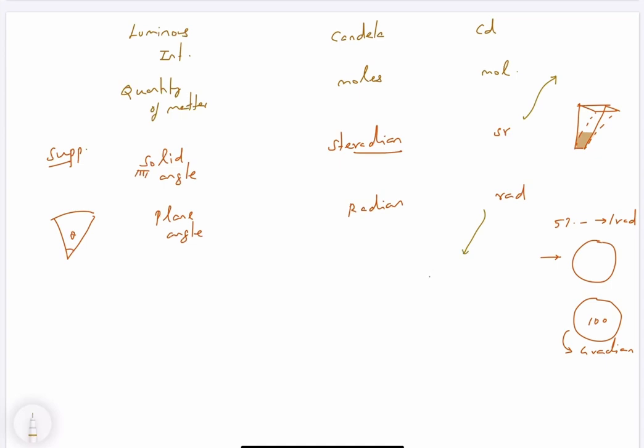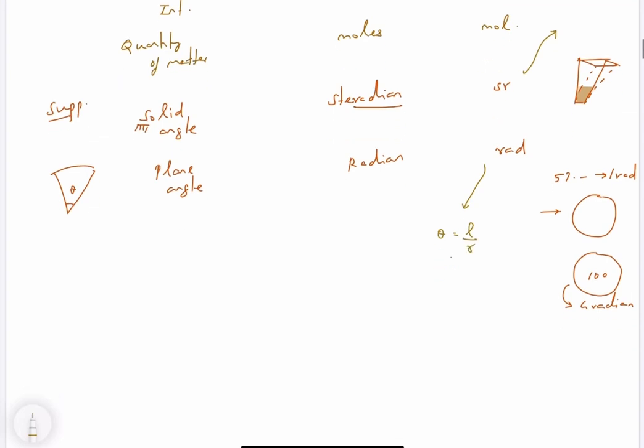Plane angle, you know the formula. L is nothing but R by theta. No, sorry, theta equals L by R. This formula you will use a lot. You can easily write this as L equals R into theta.